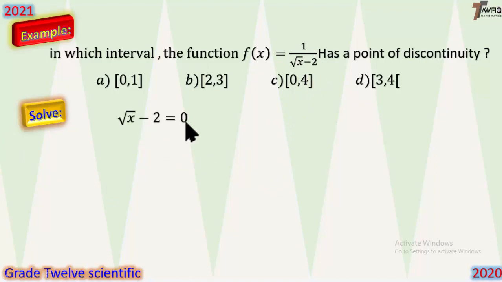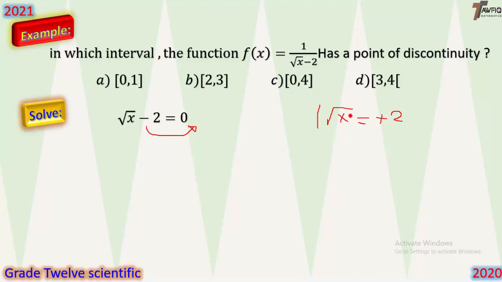And to solve this equation, we must first of all take minus 2 from left to right. It becomes square root of x is equal to minus 2. Sorry, plus 2.